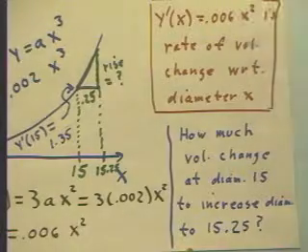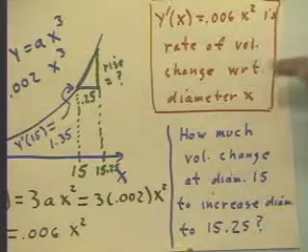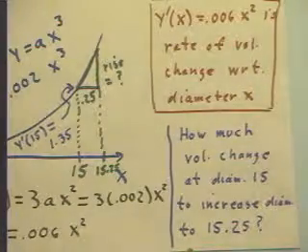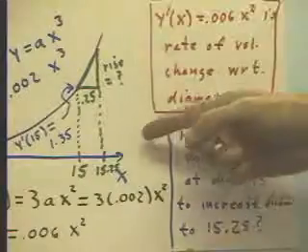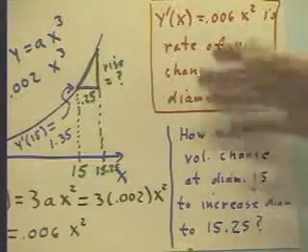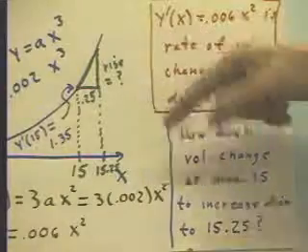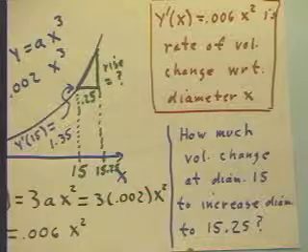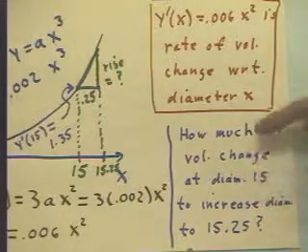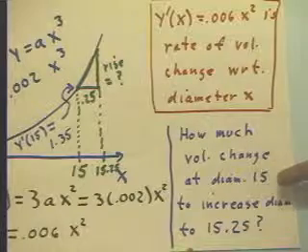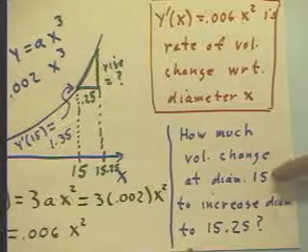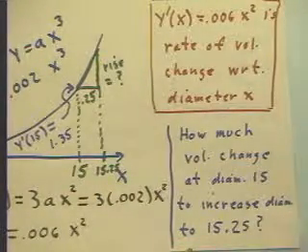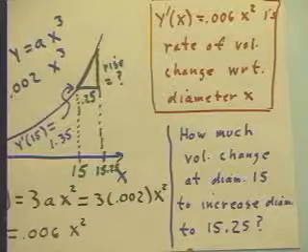So if y prime equals 0.006x squared is the rate of volume change with respect to diameter x, because remember, we've got volume versus diameter, so we're talking about a volume change on the vertical divided by a diameter change in the horizontal, and we call that the rate of volume change with respect to diameter. There's no time involved in this. The question is, how much volume change do we expect at diameter 15 if we increase the diameter to 15.25? In other words, how much sand or sugar do we have to add?